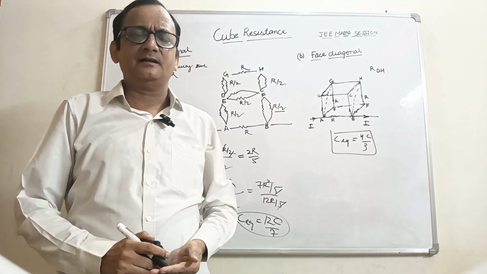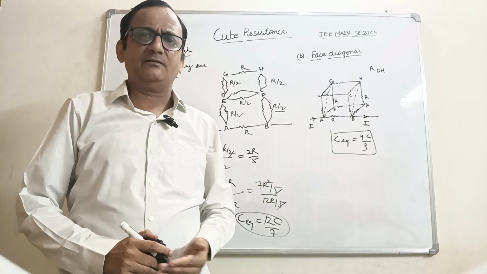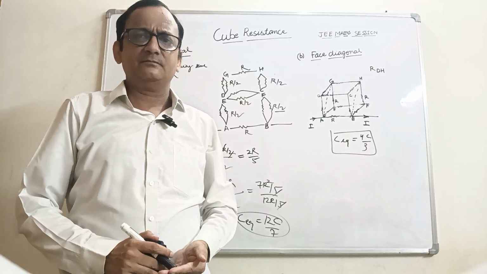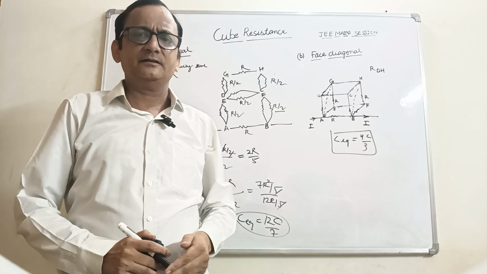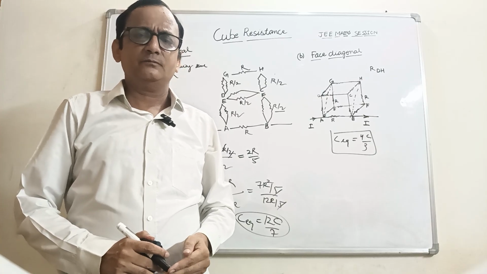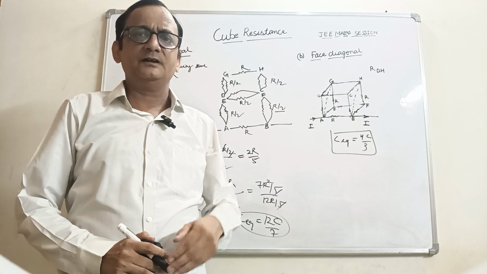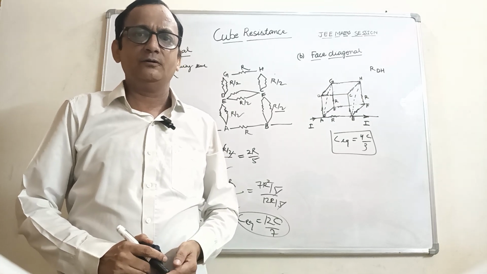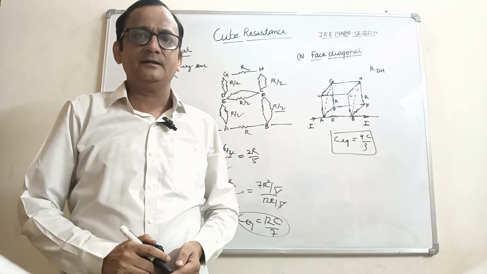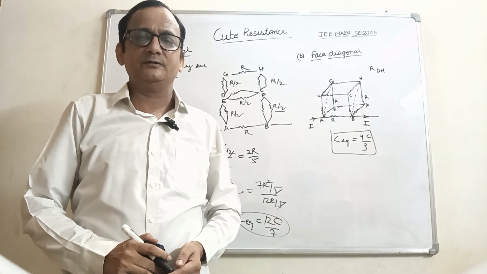These topics were asked in JEE Mains 2024. By this concept, we can easily calculate the circuit analysis. I hope you understand this topic, and thanks for watching this video.